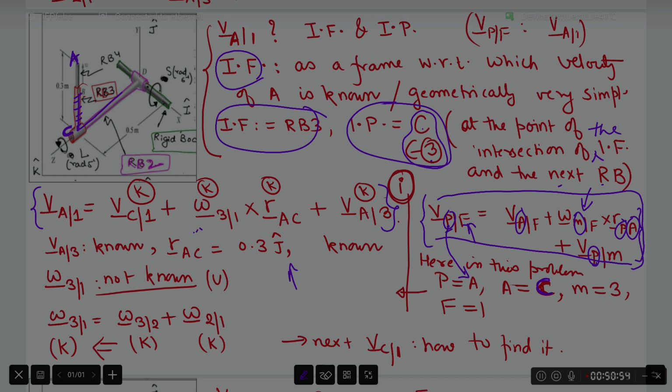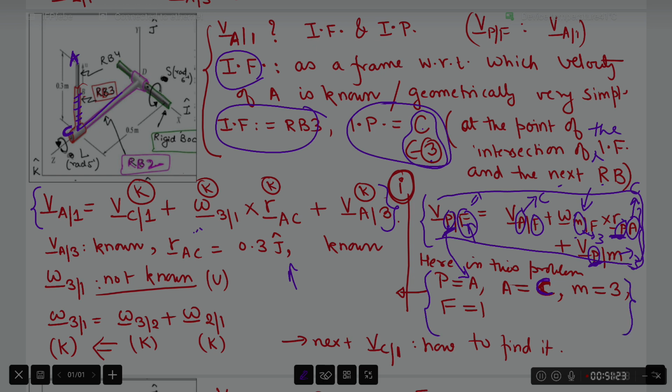Right? So you change this P to A, this P to A, this P to A, and then you change this A to C, this A to C. And then this M that is appearing here should be changed to 3 in our problem. And then the F that is appearing here, that is 1. Okay, all these things I have written here for clarity.